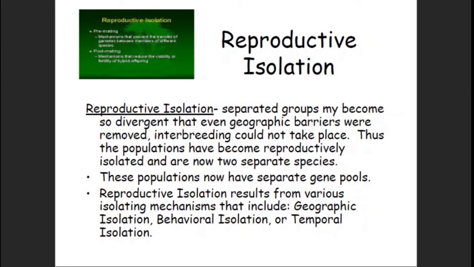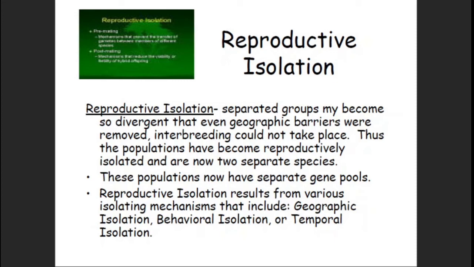Later on, these two landmasses join together, but now when these two species are brought together, they will not interbreed because they have evolved differently. Thus the populations have become reproductively isolated and are now two separate species.